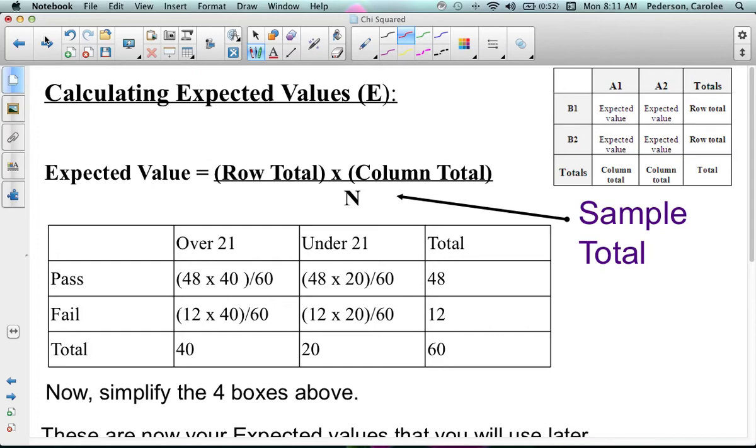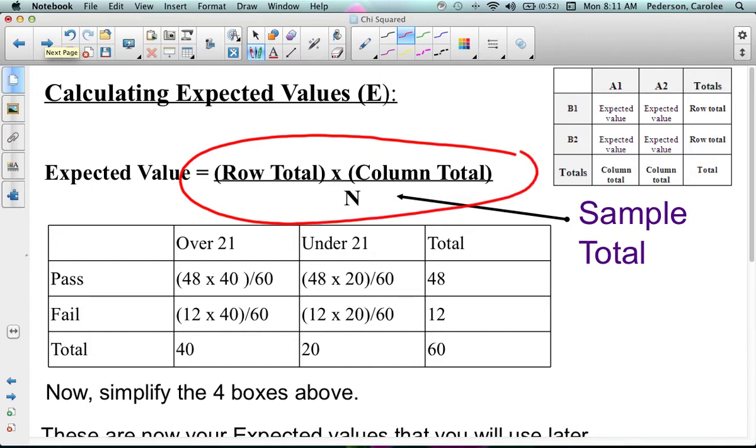So we're going to calculate the expected values, and this is the equation you need to know. You take the row total times the column total over your sample space. And this is just a plain box. So we had 48 people.